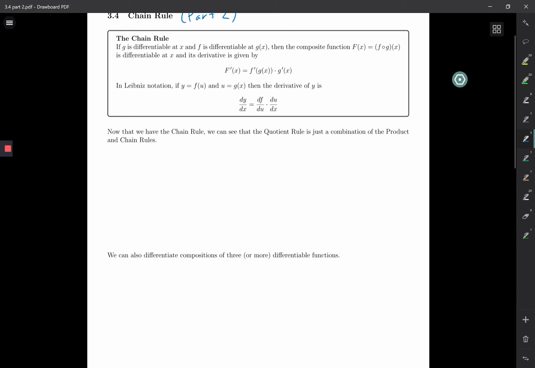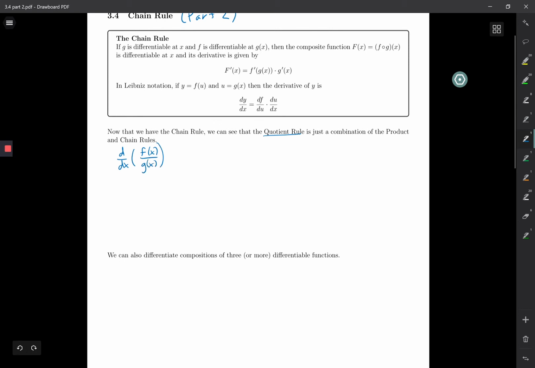Okay, so one thing I wanted to show you was that we can derive the quotient rule by using the product and the chain rules. Remember, the quotient rule tells us how to take the derivative of f over g.